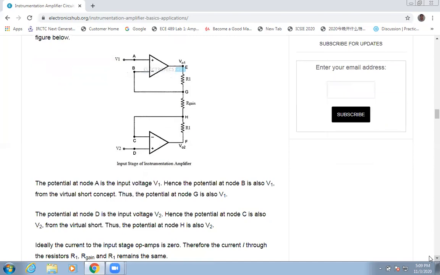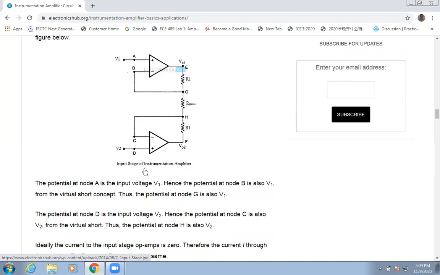The potential at node A is the input voltage V1, hence the potential at node B is also V1 from the concept of virtual ground. Thus, the potential at node G is also V1.